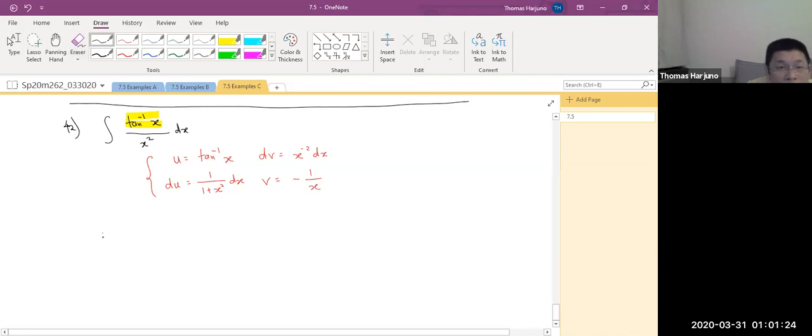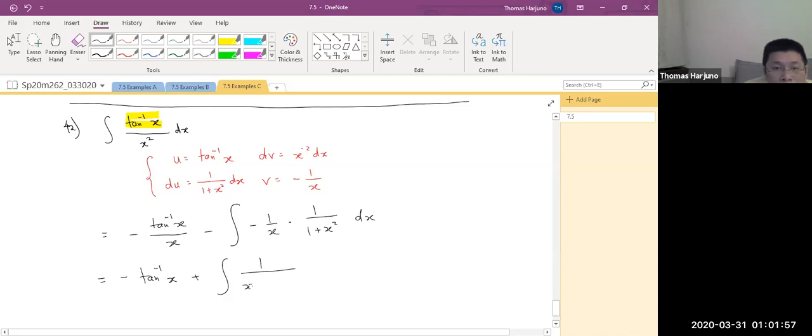So this integral becomes uv, negative tangent inverse x over x, minus integral of v du, over x times x squared plus 1 dx.